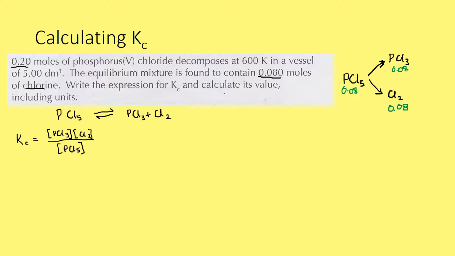Well, we started with, let's just write down phosphorus pentachloride, 0.2 moles, which I've got from the question here. We've said that 0.08 moles has decomposed, so then we're going to be left with 0.12 moles at equilibrium.